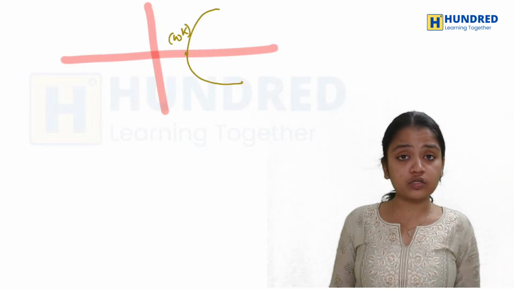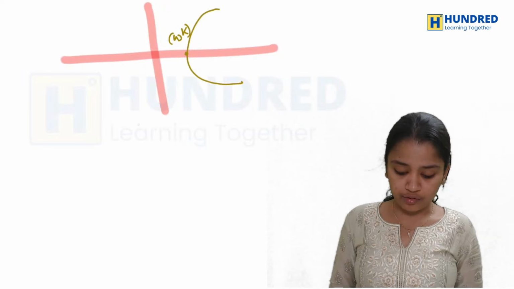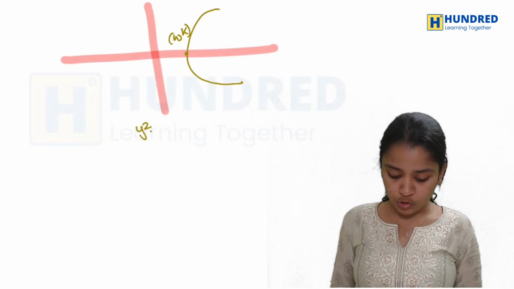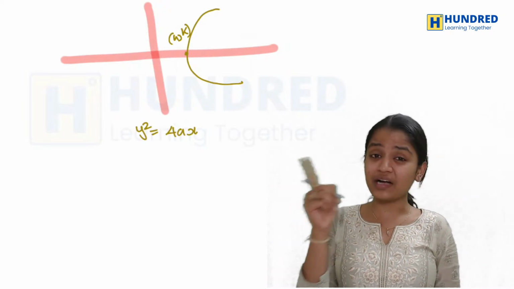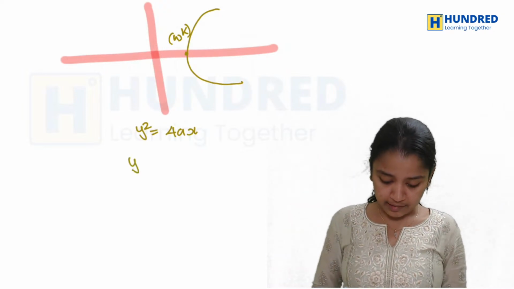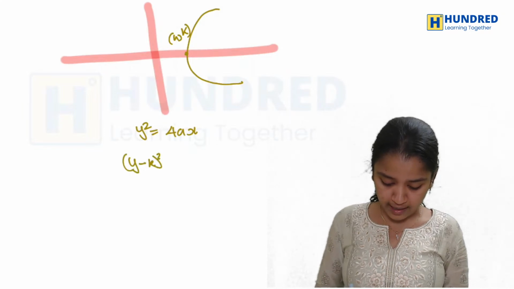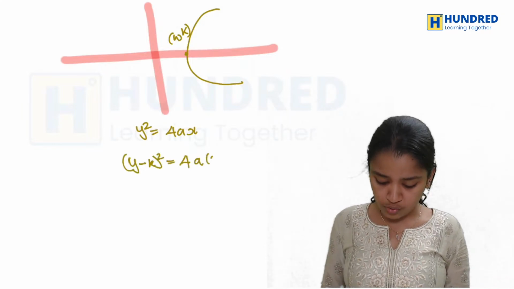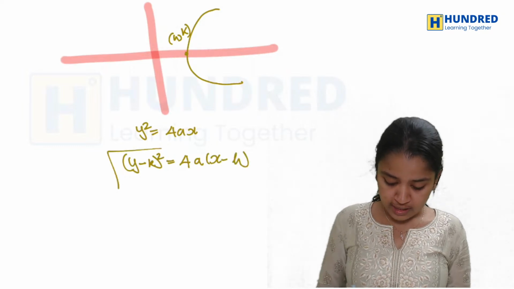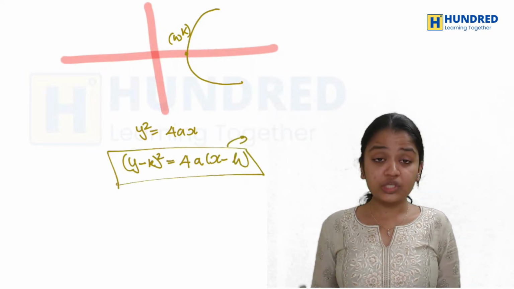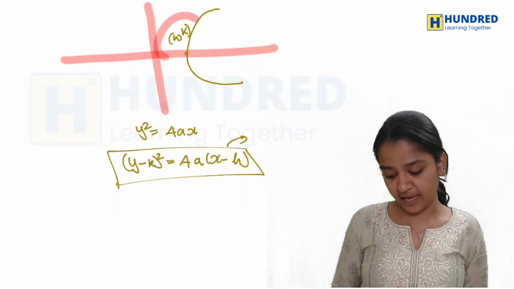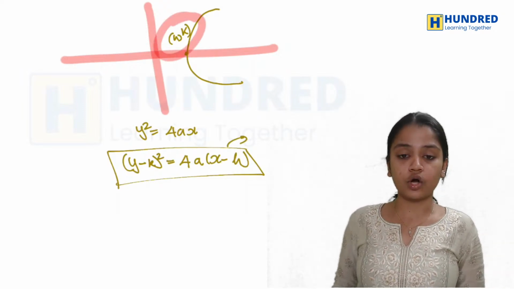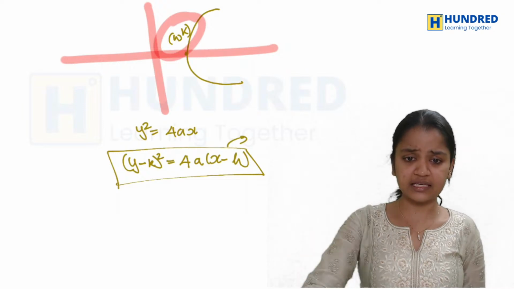If it is opened rightwards, the general equation is y square is equal to 4x. So here I can write (y minus k) the whole square is equal to 4 into (x minus h). So this is a parabola opened rightwards and having a vertex at h comma k. This is the equation.